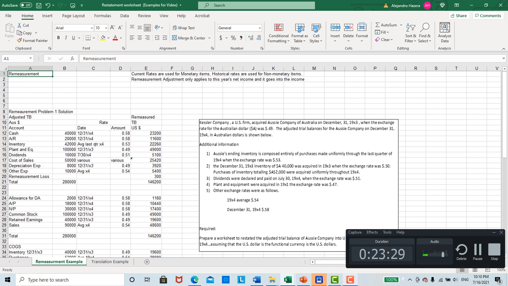Anyway, this method, once again, is theoretically correct because you're using current rates for monetary items and historical rates for historic items. However, the problem is that if you have millions of historic items that you bought at the time, it can create a problem for companies.